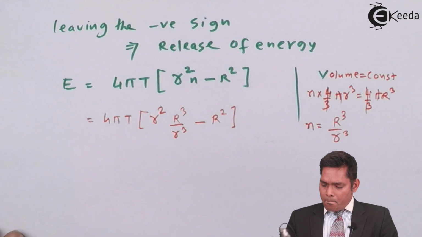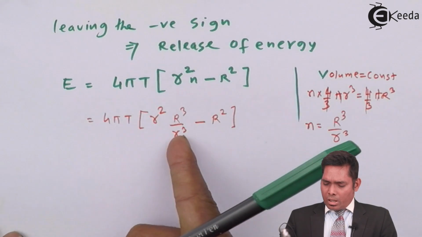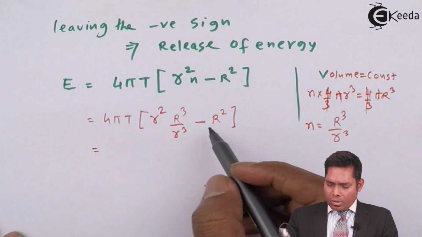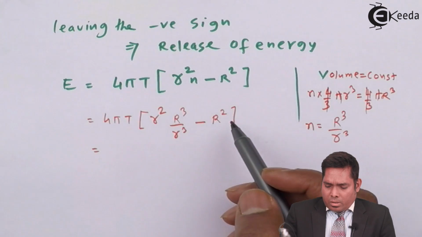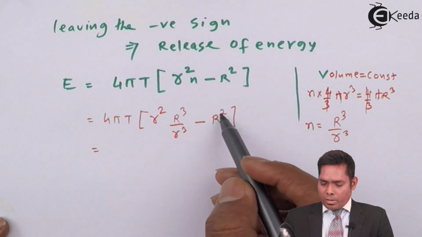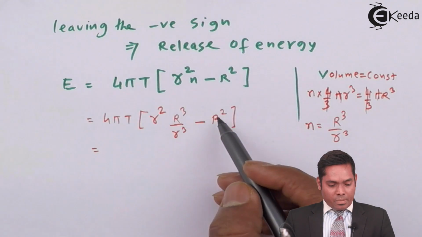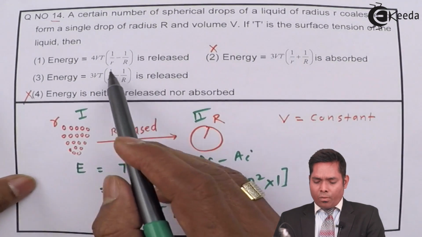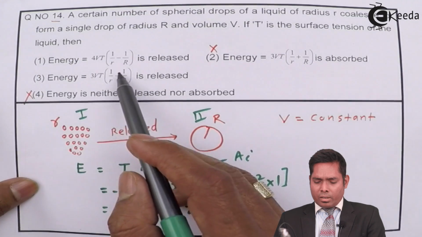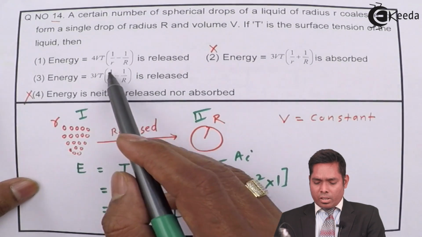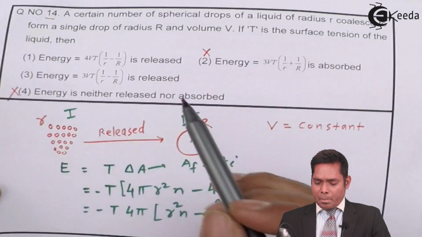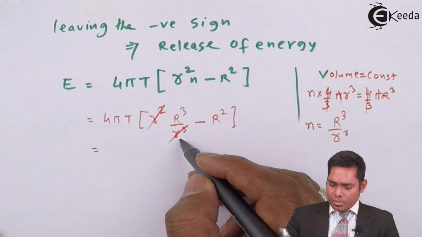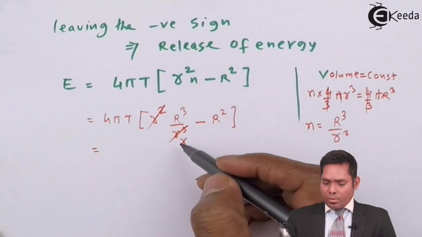Now I can take R square outside, because if I see the options, I just have to arrange it in this form. In that way, this r square cancels out, and this becomes r, so 1 over r is there.